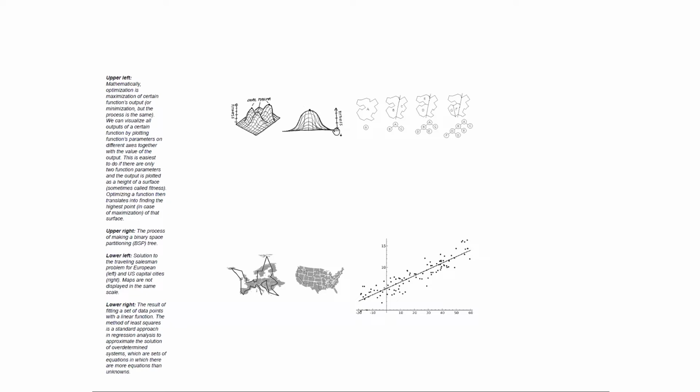Usually we would use the analogy of a fitness landscape. It's a small picture here, but you have a landscape where parameters are plotted on two axes. In this case two axes, but you can think of it as a multi-dimensional space. If I have two parameters, I can plot them on two axes, and then the fitness of the solution that comes from these two parameters I can plot as the height of the landscape.